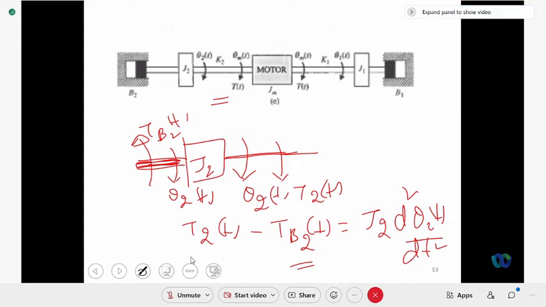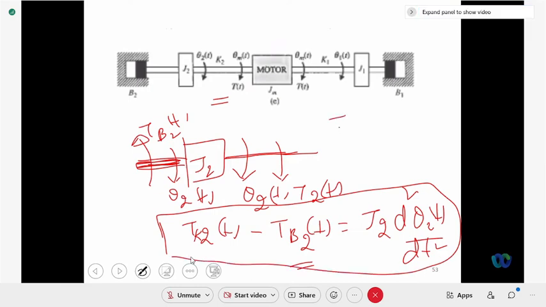TK2 of t. Correct, no? What is TB2 of t? B2 times d theta 2 by dt. Correct. Now you apply the Laplace transform and obtain the transfer function.